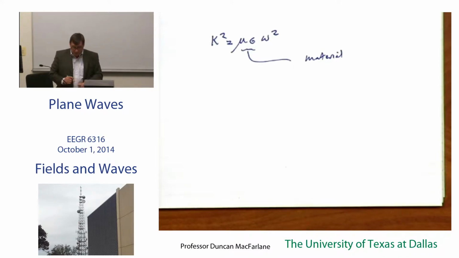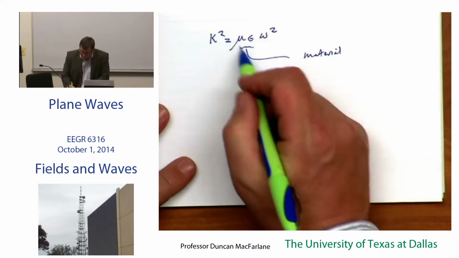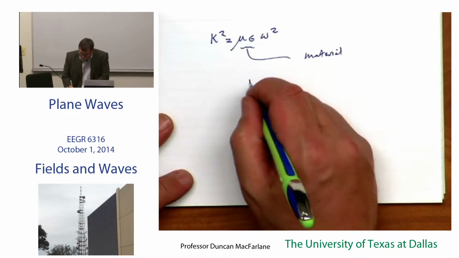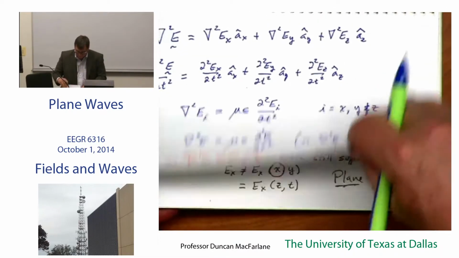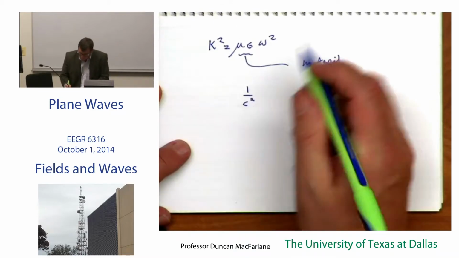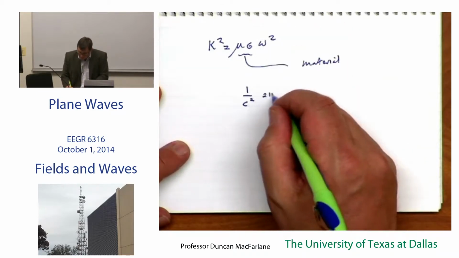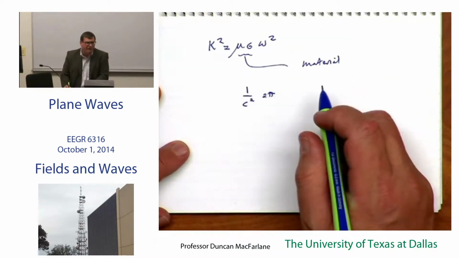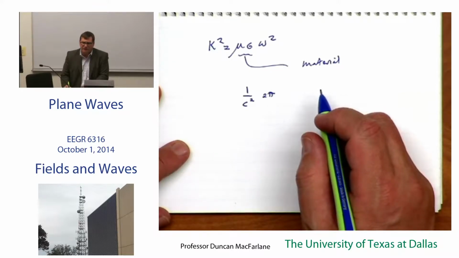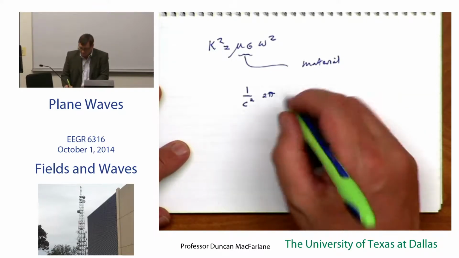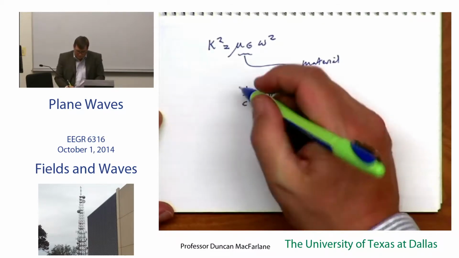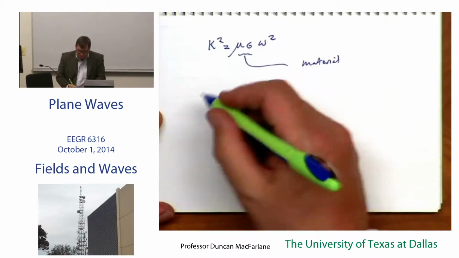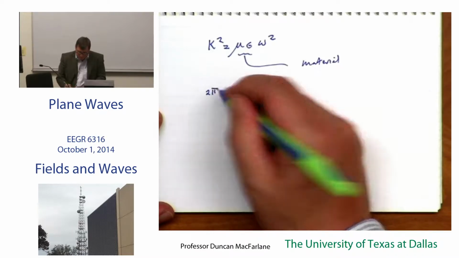Now, if I write this as a 1 over c squared, and I write this as a 2 pi f. Do you guys like nu or f for a natural frequency? f? If I write that as f, I don't want to mess with that 2 pi, so I'm going to write that as a 2 pi.